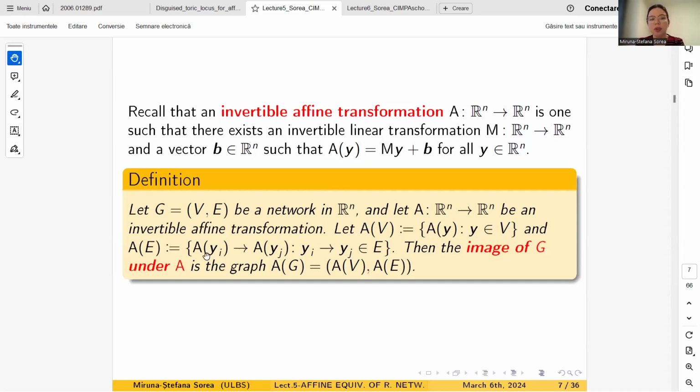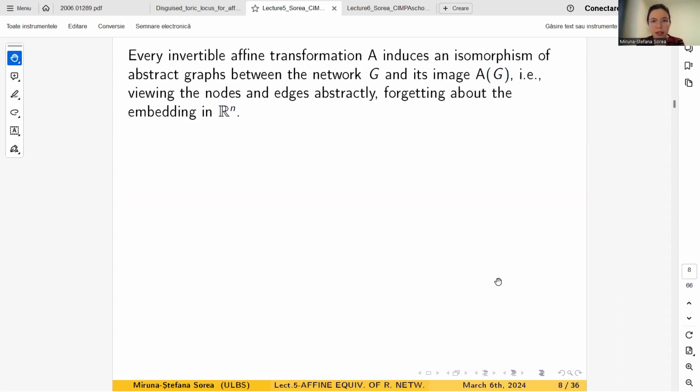And the image now is just this new graph. So it's simple. Now we talked about the graphs, but if we look in the setting of mass action kinetics, first of all we just considered graphs, also called networks, and the image of such a graph by an invertible affine transformation. So I have G and A(G).